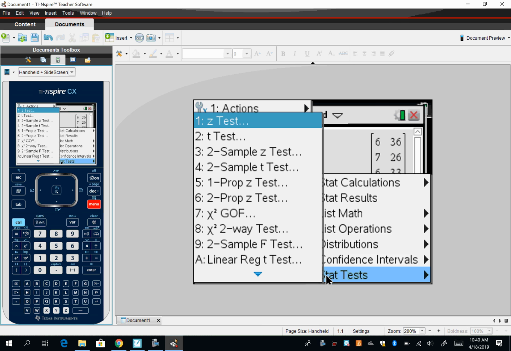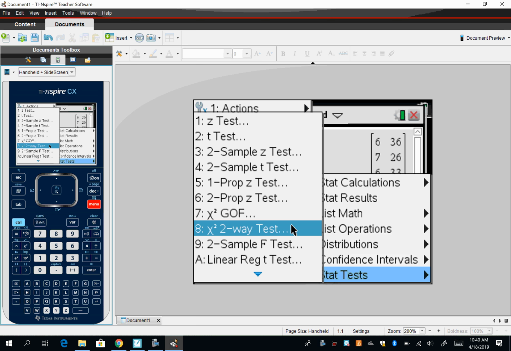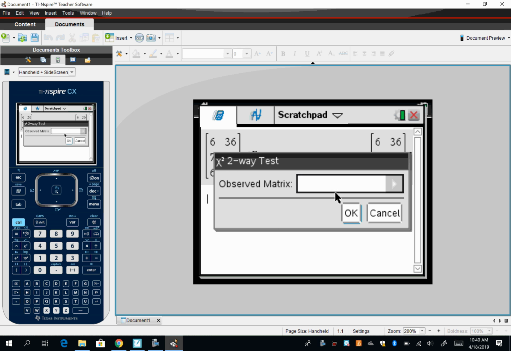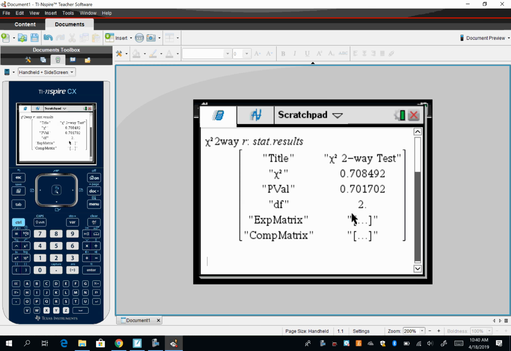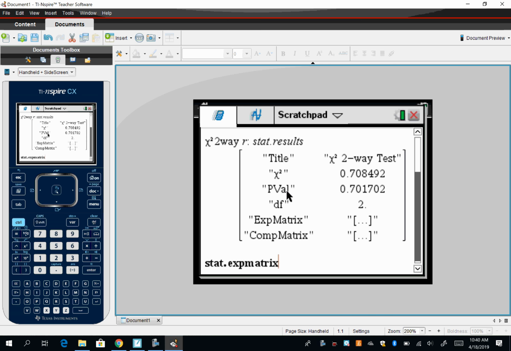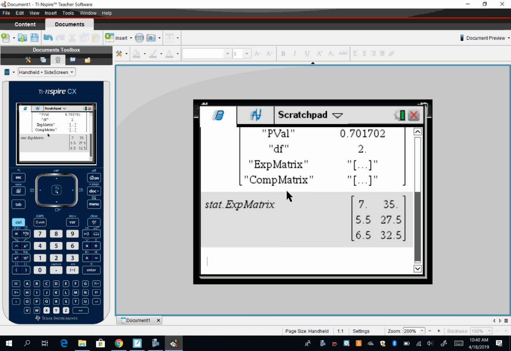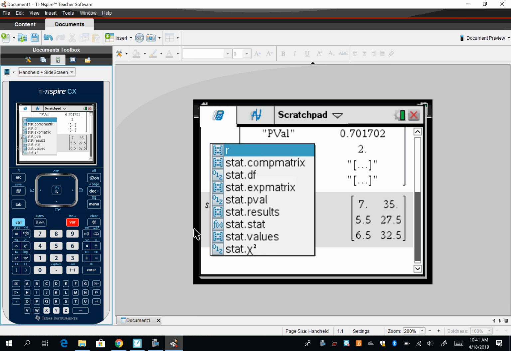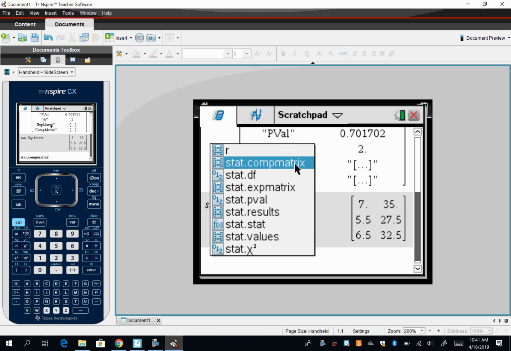This is a chi-square test for independence, but I'm clicking this. It looks identical to yesterday. It's still a 2-way test, and I have observed matrix R. You'll notice you see our chi-squared and p-value, which you already wrote down. Degrees of freedom was 2, and then hit VAR for stat.expected matrix to give you those numbers, which we already wrote down, and stat.compmatrix for the chi-squared values.